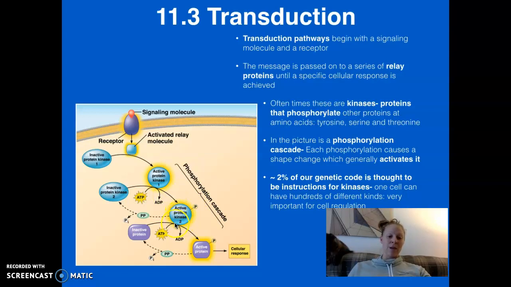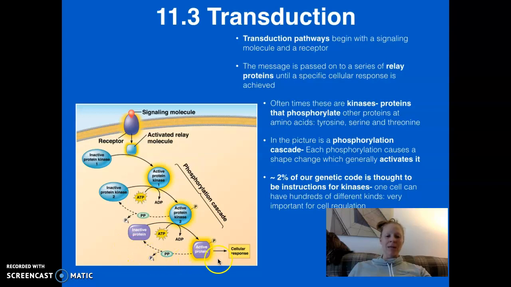And we can see that that's going to happen again. An ATP becomes an ADP, but in this case, the phosphate is added to this protein here. Give or take 2% of our genetic code is thought to be instructions on how to build kinases. So they are very abundant in our cells. They have lots of jobs, and they are very important.